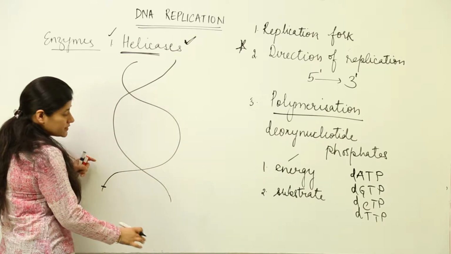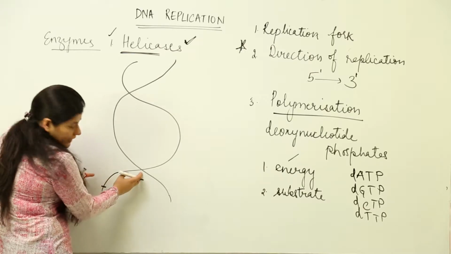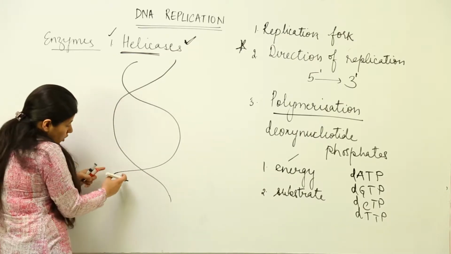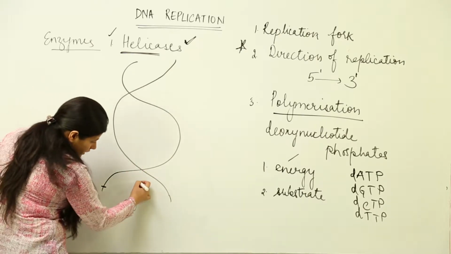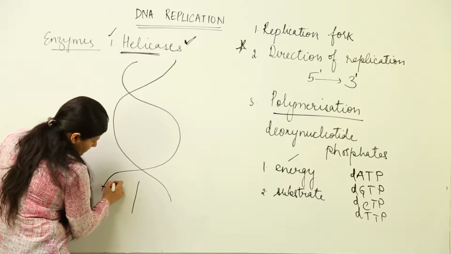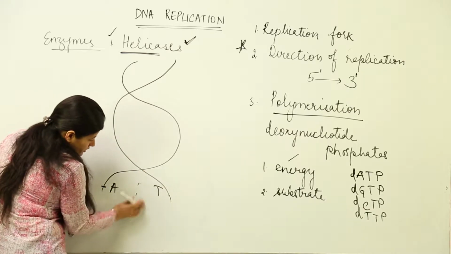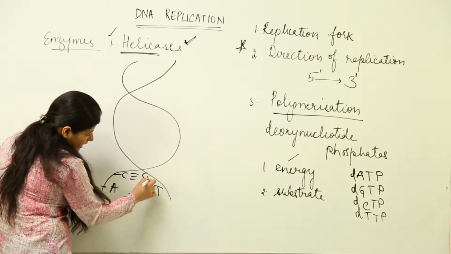Apart from helicases, there are special binding proteins as well, which, once the helix has been opened with the help of helicases, take care of whatever single strands are available. Now, how would the helix be opened? Certainly, the hydrogen bonds between the base pairs have to be broken down. There are bonds over here, right? Supposedly, see, these bonds have to be broken down.